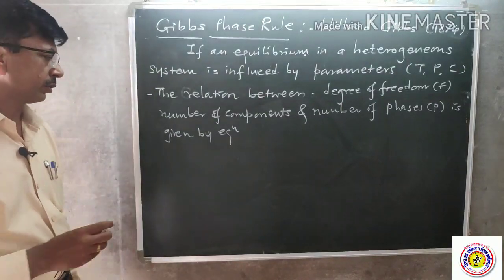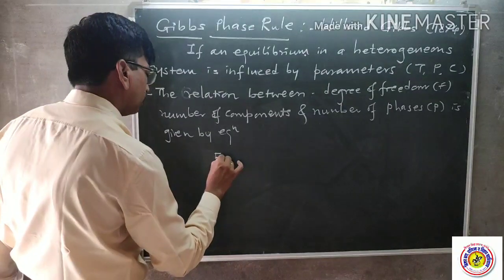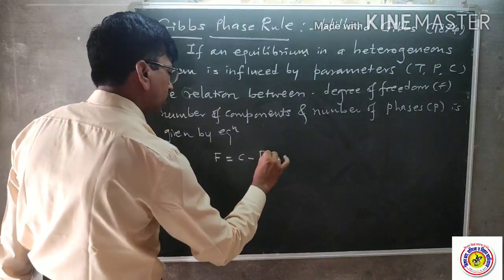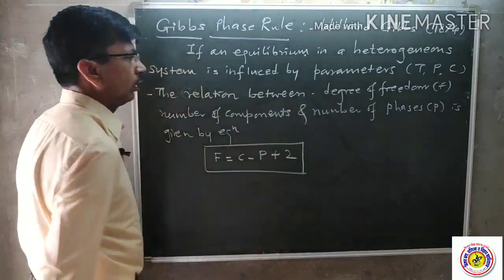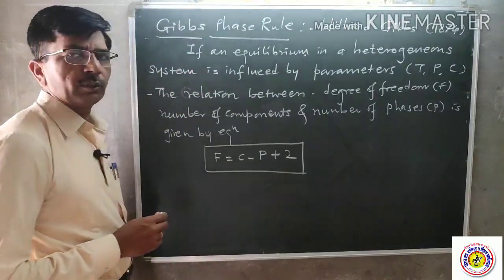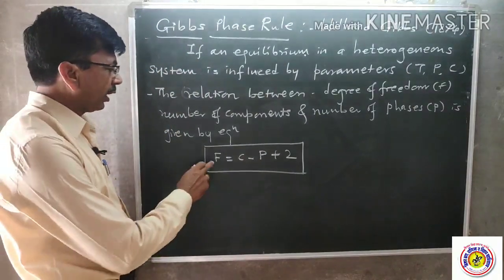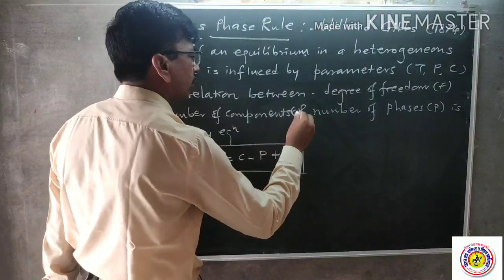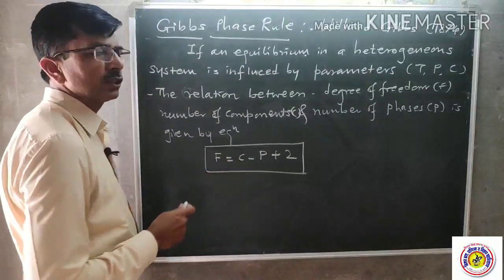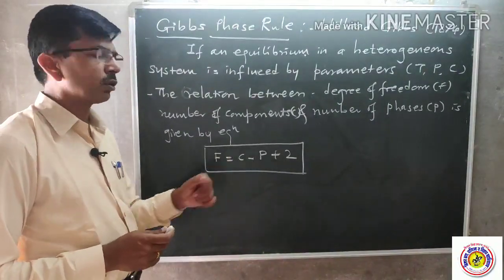Now, what is that equation? That equation is F = C - P + 2, where F is the degree of freedom, C is the number of components, and P is the number of phases, while 2 is a constant.